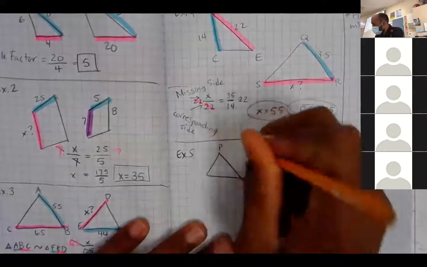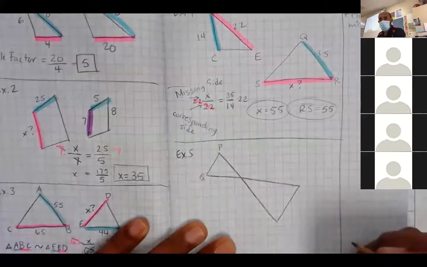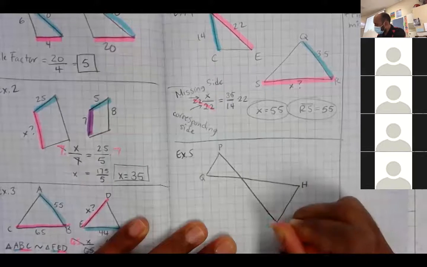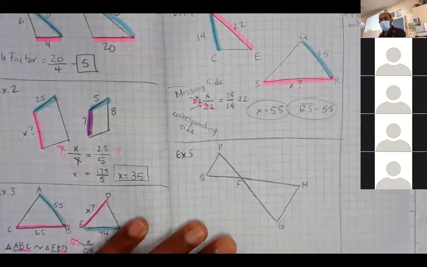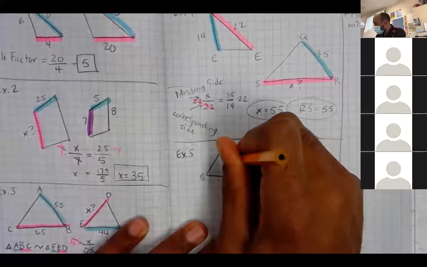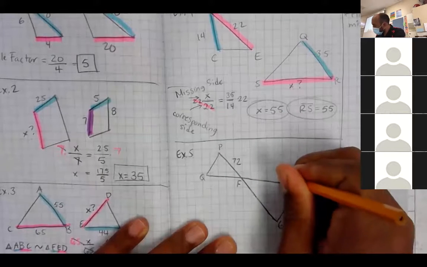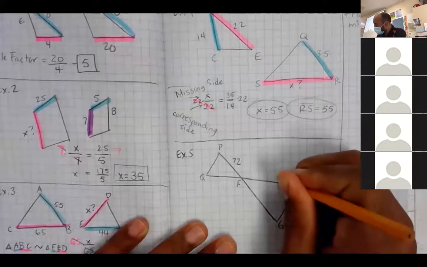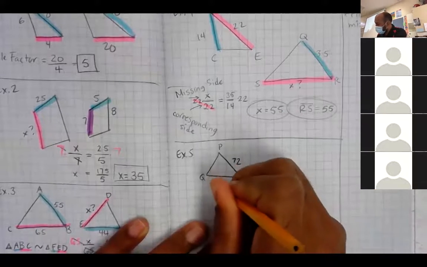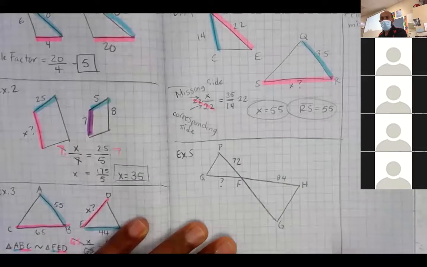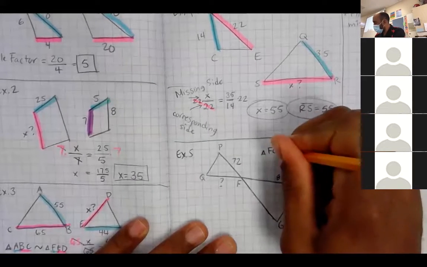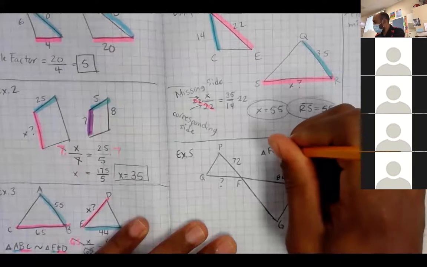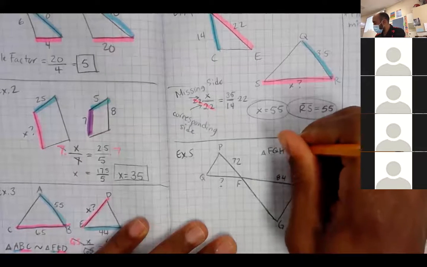Okay, so this is going to be P, Q, H, and G. And then the letter in the middle is F. And right here is going to be 72. 84 will go here. The missing side is right here, QF or FQ. And then the statement is going to be FQH is similar.